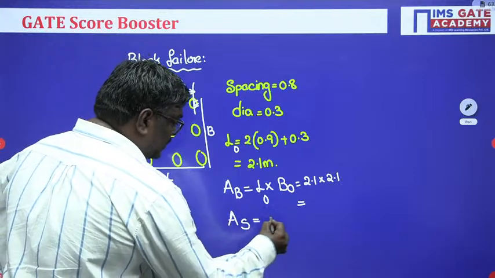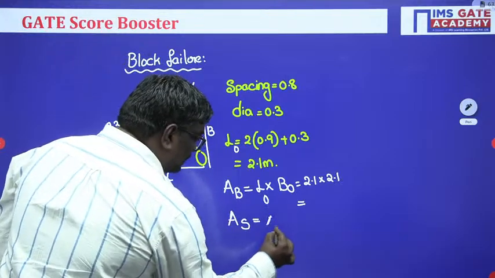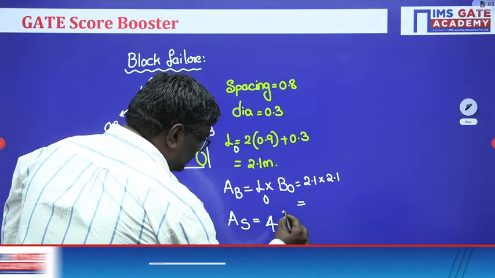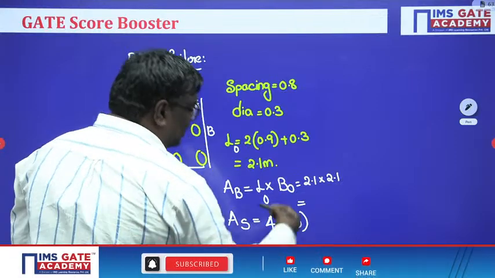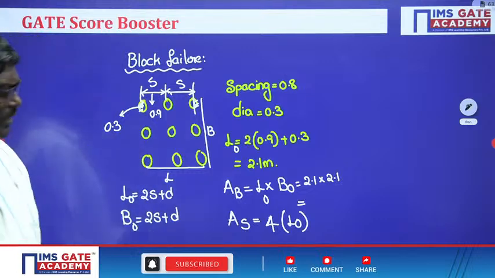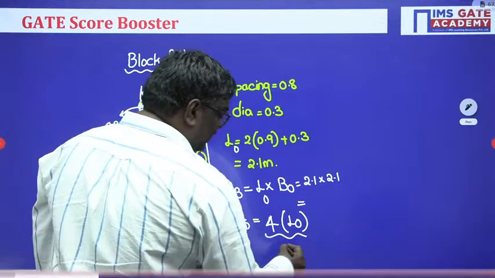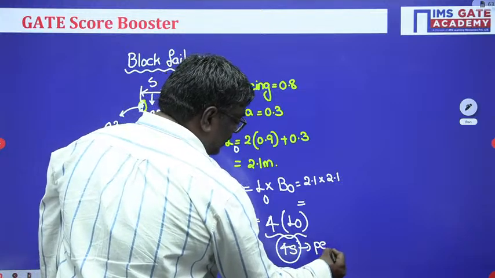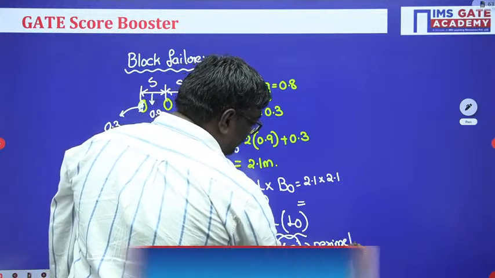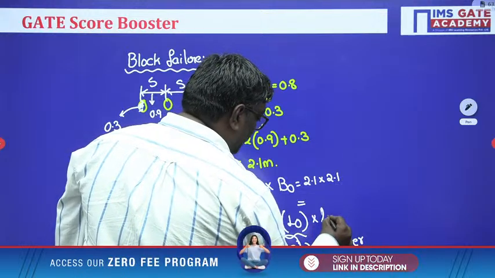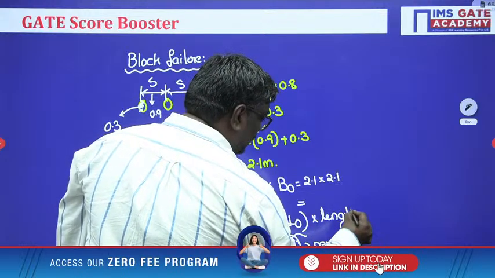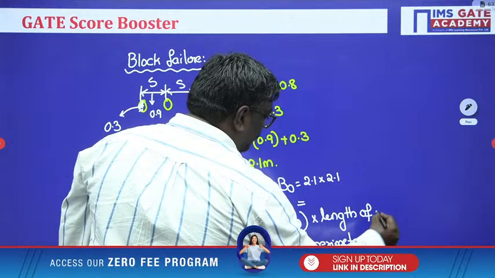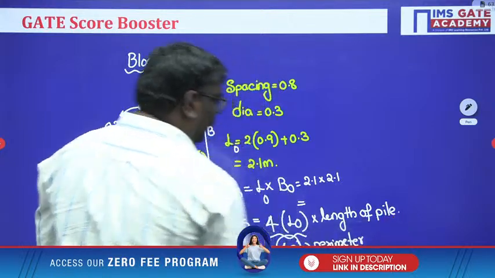Surface area is what, sir? It is 4 into L naught, because here it is a square group. So I can take 4 into L. 4S is the perimeter of a square, into the length of the pile. So what is this value, sir?